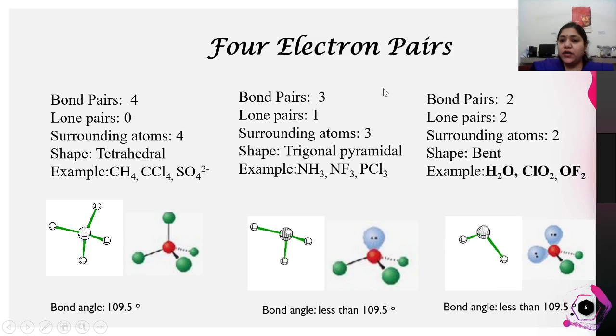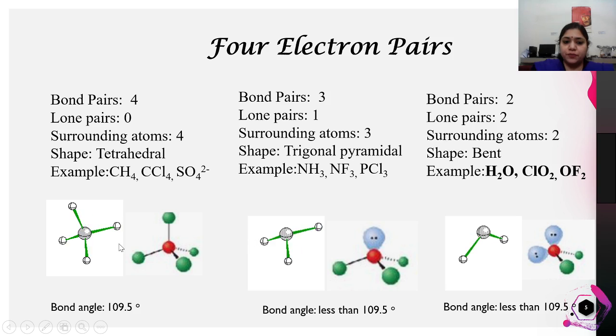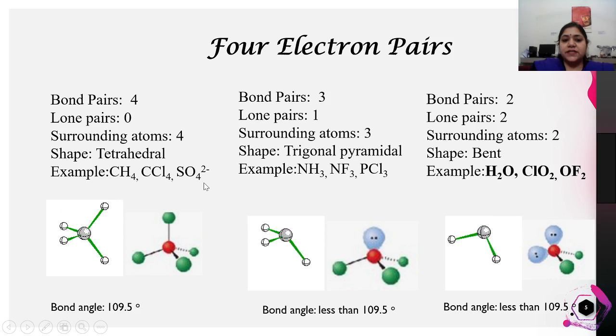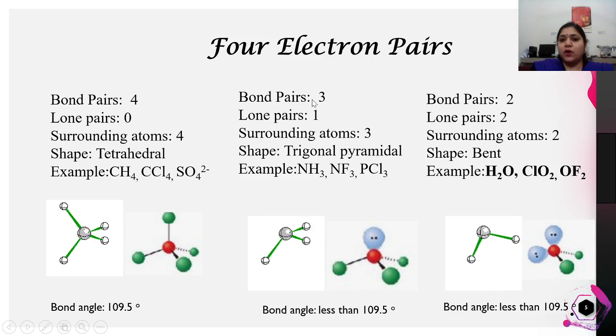In case of 4 electron pairs, if the bond pairs are 4, in that case it will give a regular tetrahedral geometry, and these are the examples of regular tetrahedral geometries. In the second case of 4 electron pairs, 3 bond pairs and 1 lone pair may be there.